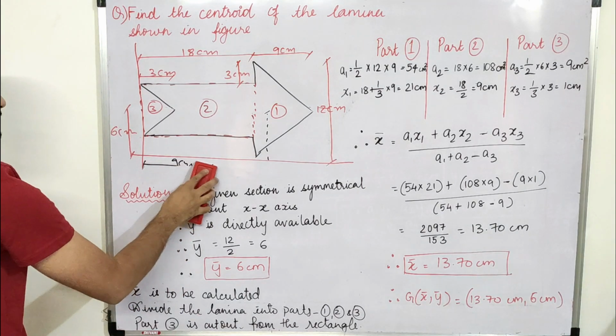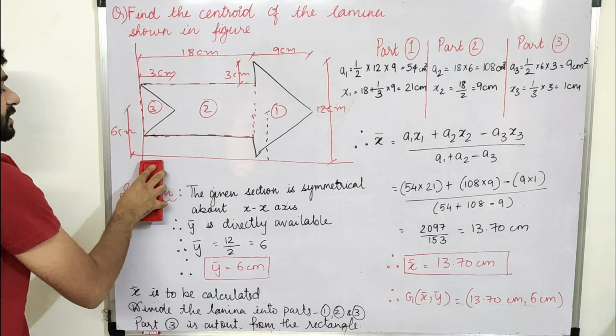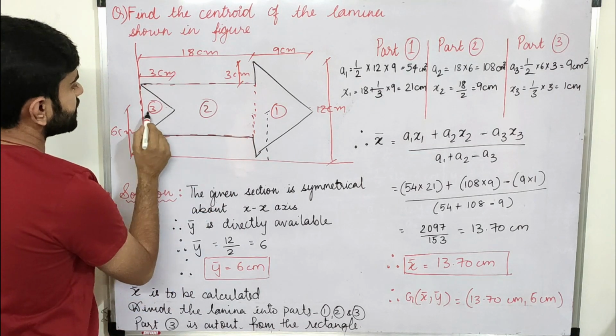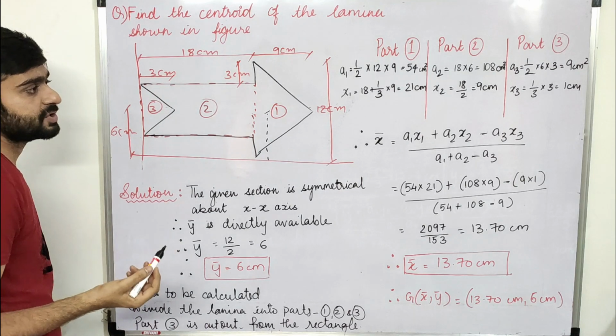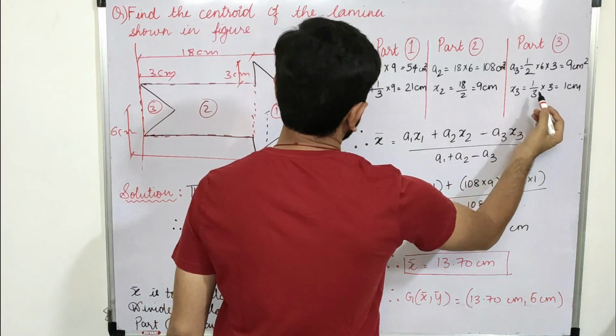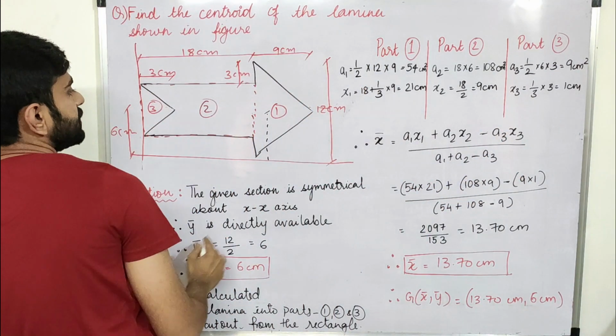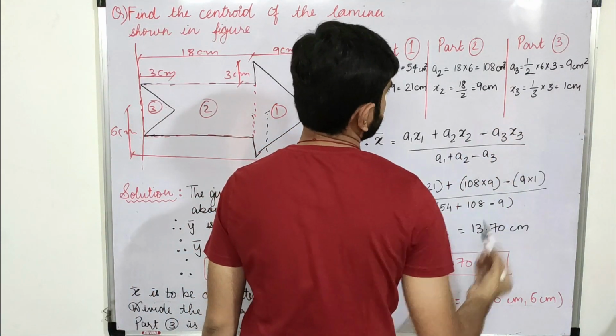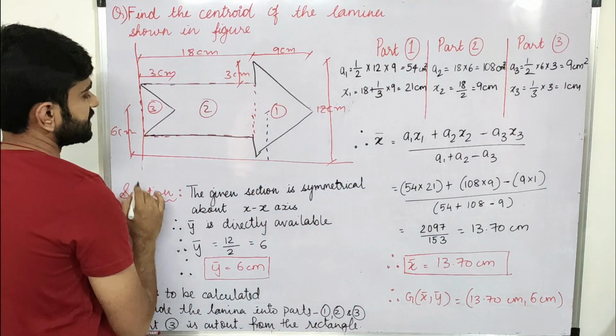And for calculating the centroid of the third portion, that is this triangle, we'll have 1 by 3 into this altitude, that is 3 centimeters. 1 by 3 into 3, 1/3 of the altitude, so that is 1 centimeter.